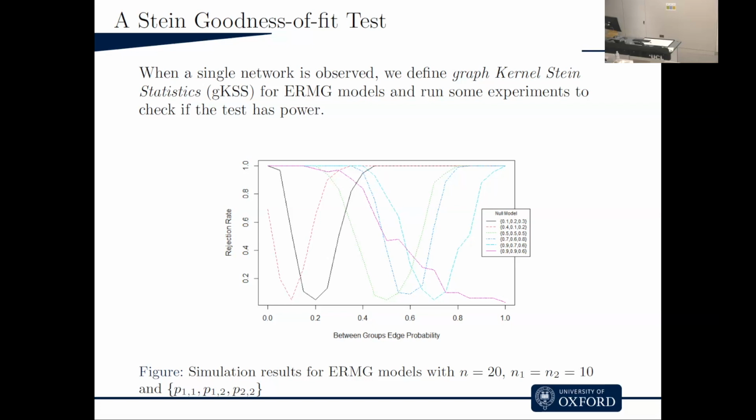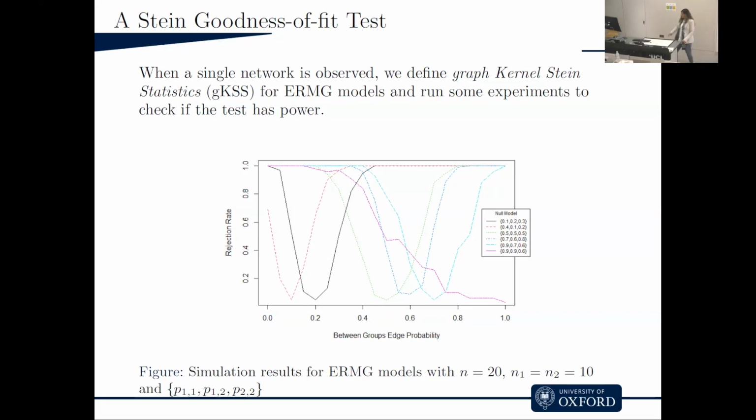We fixed the within group edge probabilities and varied the between group edge probabilities, and we got these results.